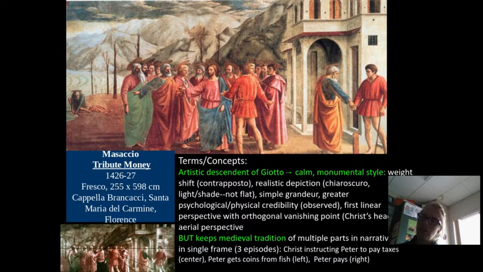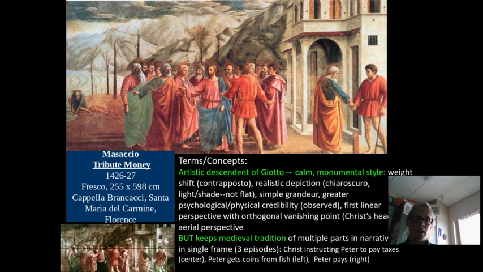The other thing I wanted to mention with this painting is its narrative, its story, what it's actually depicting. We talked about in class today that the one thing that makes this reminiscent of a medieval painting is that it has three parts of the story all in one frame.